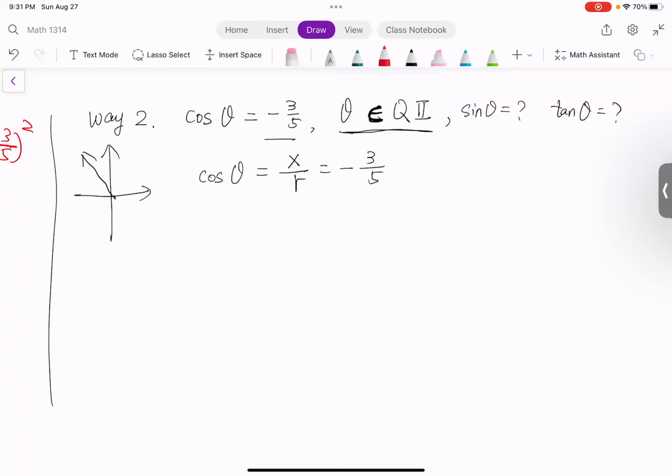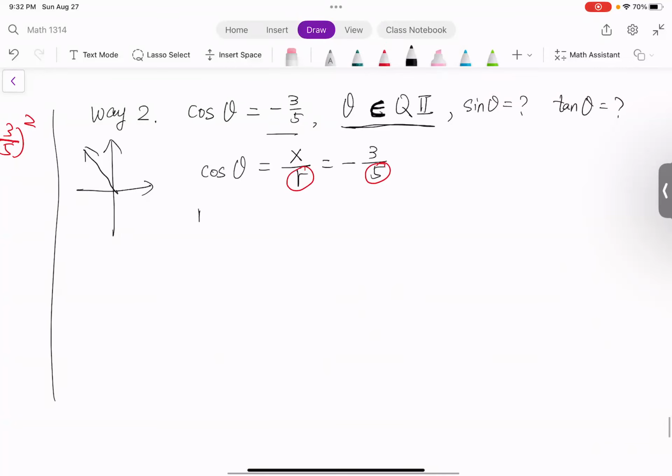So let me ask you, can r be negative? No, r is always positive. That's the distance. So r is 5. How about the x? x is -3.